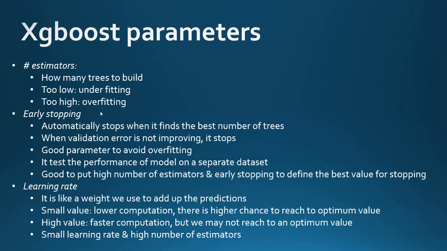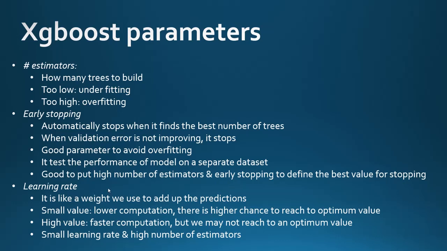The model is going to stop when it finds the best number of trees. It uses a validation set in order to evaluate the performance of our model, and when the validation error is not reducing, it's going to stop the training. So it's a good parameter to avoid overfitting. And as I said, the good strategy is to put a high number of estimators and the early stopping parameter to define the best value for stopping the training.